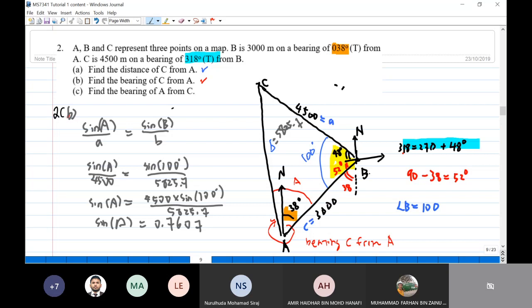So what is A now? A is equal to inverse sine of the answer. You close the bracket, and then you get 49.5.